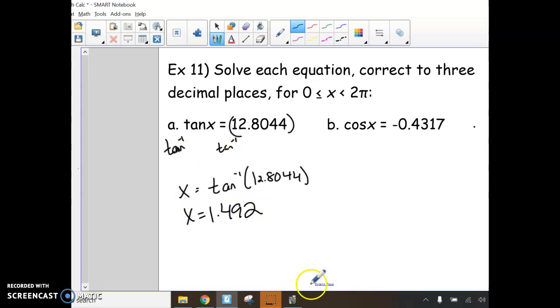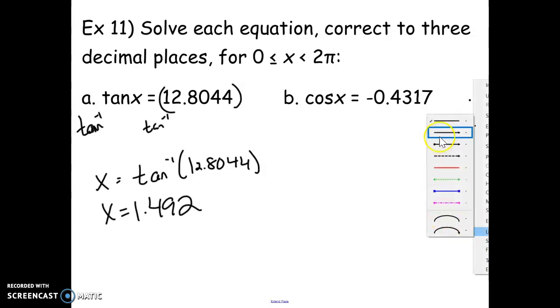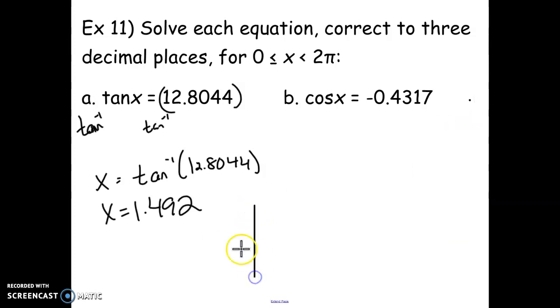When we talked about this, even without a calculator, we know that we should get 2 answers here. So we need to find the other answer by thinking of our unit circle. Tangent is positive here, which is the one we found, so our 1.492 fits there. Tangent is also positive down here.